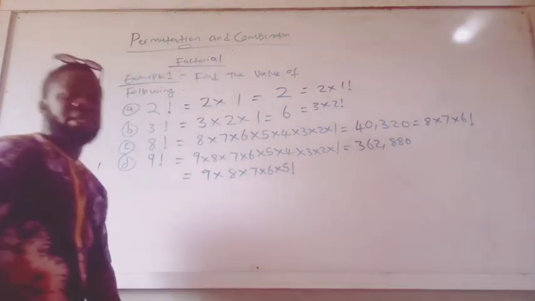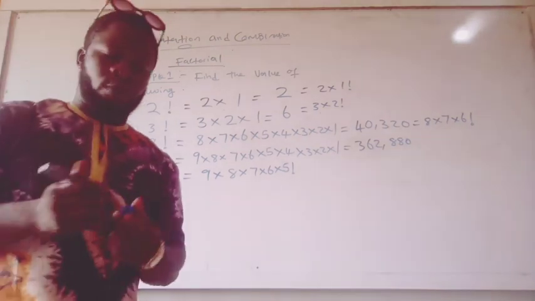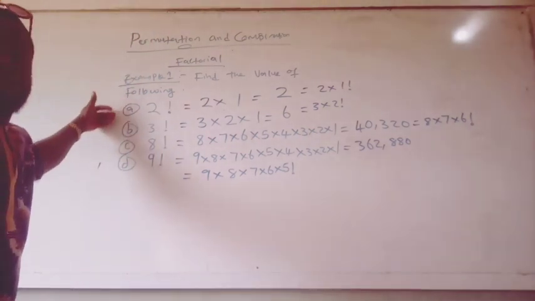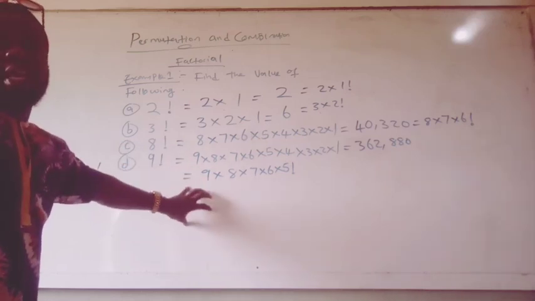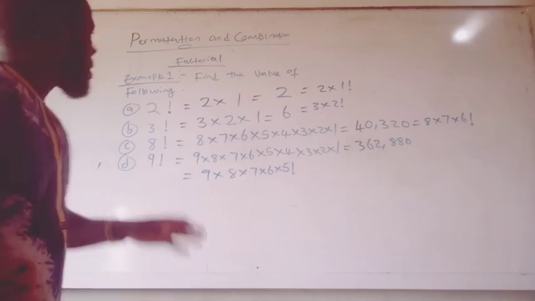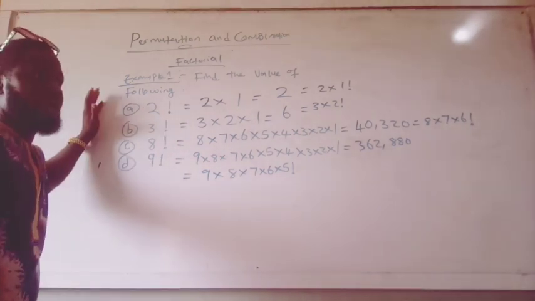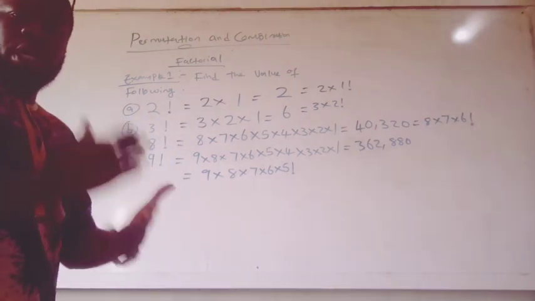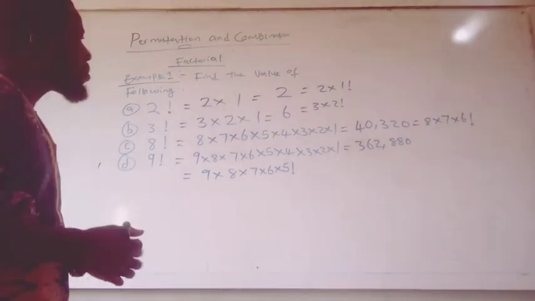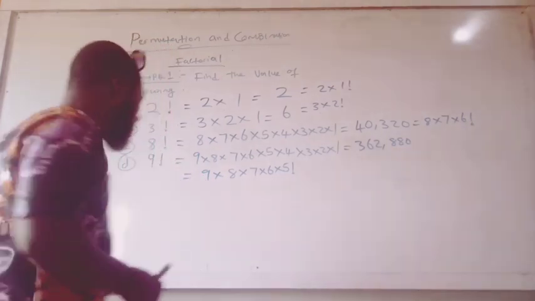So you can have it that way. That's how to solve a question in this form, and you see that you arrive at the same answer. So let's see some other questions on factorial before I move on to the permutation formula and the combination formula.